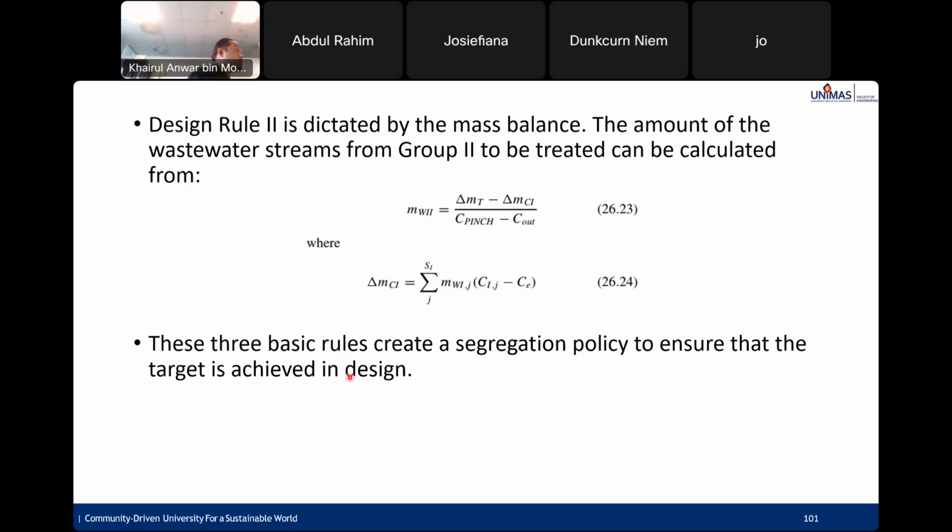These three basic rules create a segregation policy to ensure that the target is achieved in design.